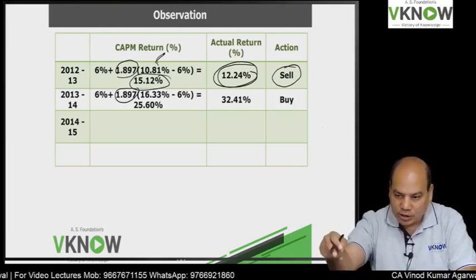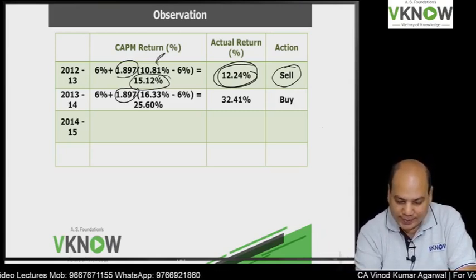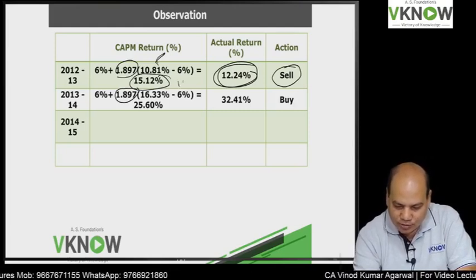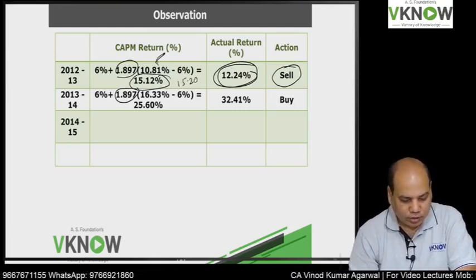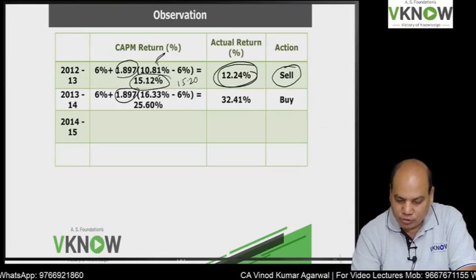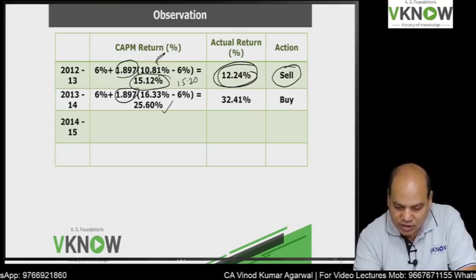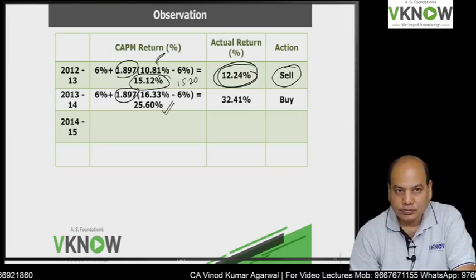Risk-free return is given in that last column. 6%. Yeah, 15.20 is okay. Try the next one. Anybody wants to reply the next one? What is your CAPM return here? 25.60.